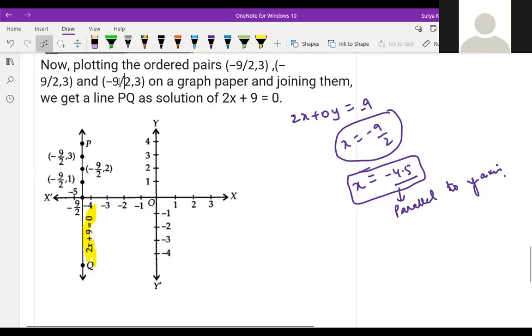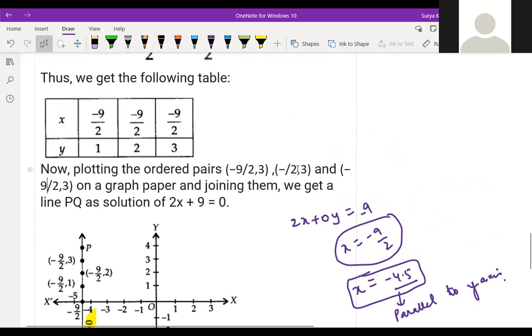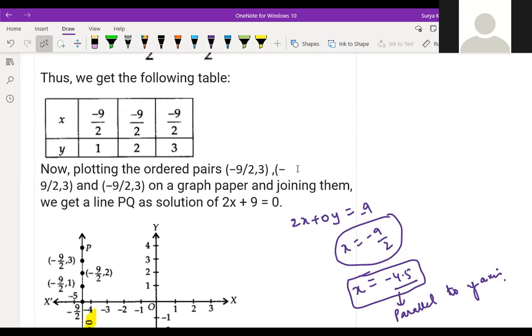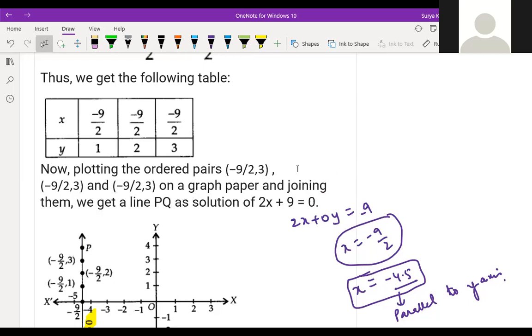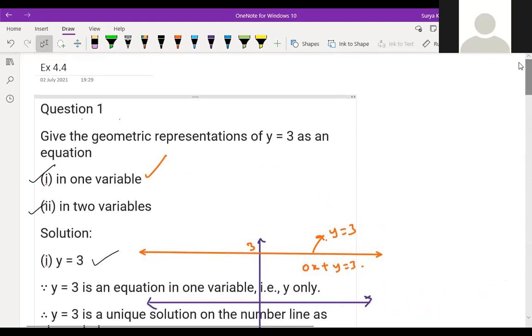This x will always be minus 9 by 2. So no one having doubt. So this exercise got finished. The total chapter from NCERT got finished.